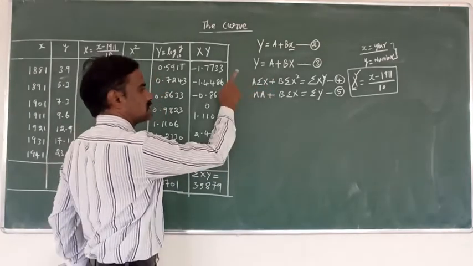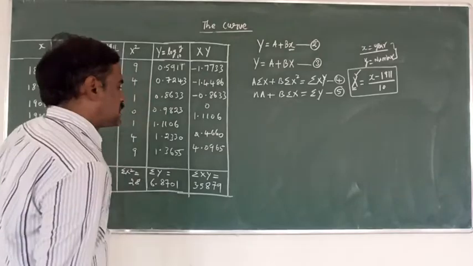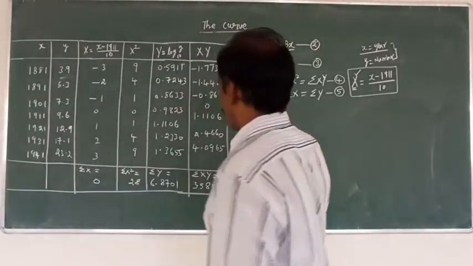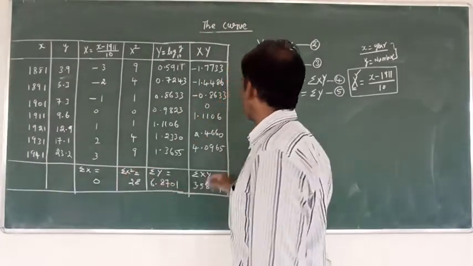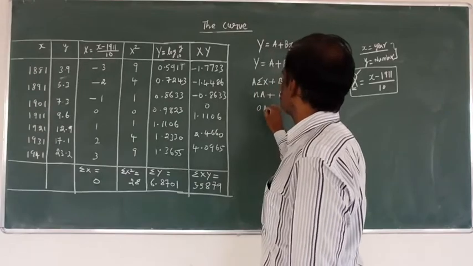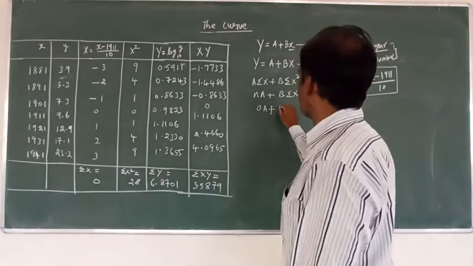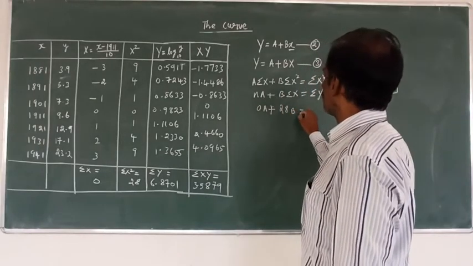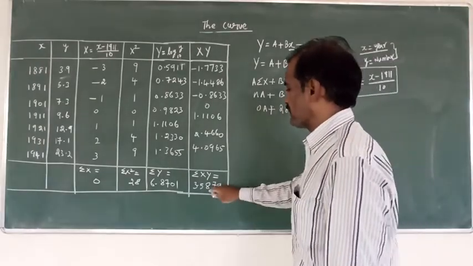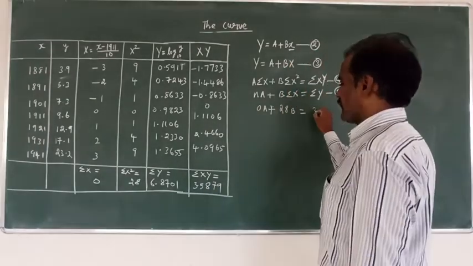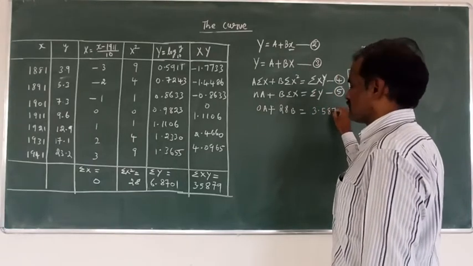Now to solve these two equations, sigma x value 0, that is 0a plus b sigma x square, 28b equal to sigma xy, 3.5879.